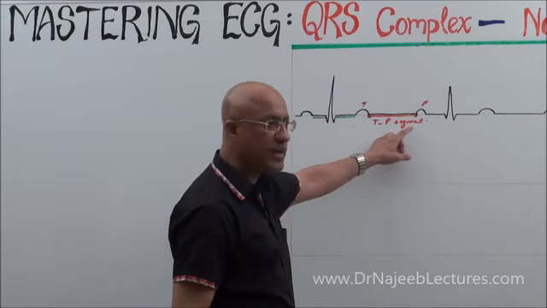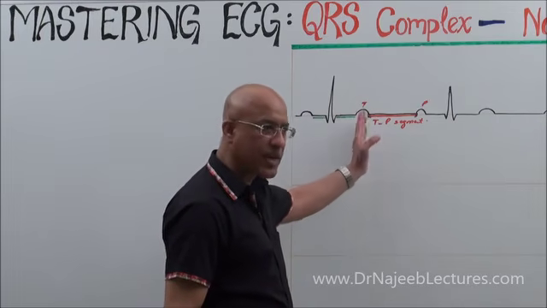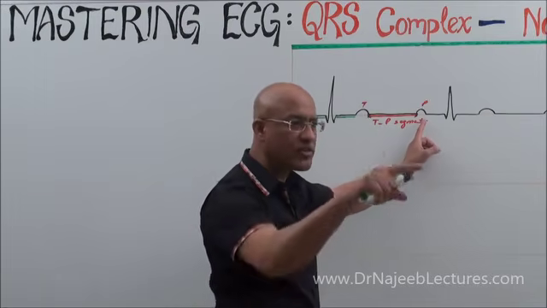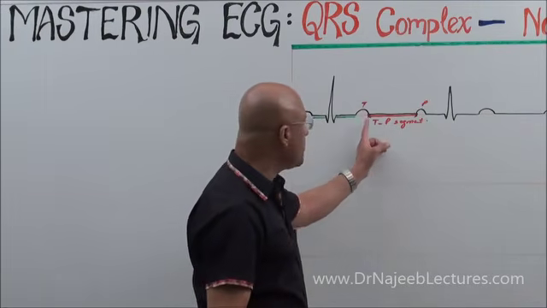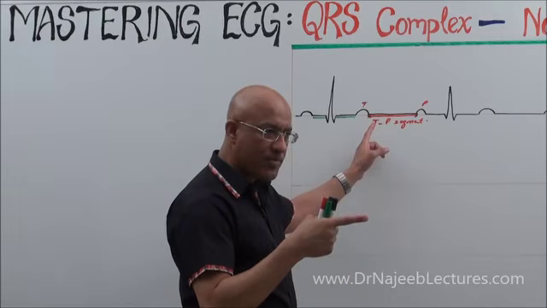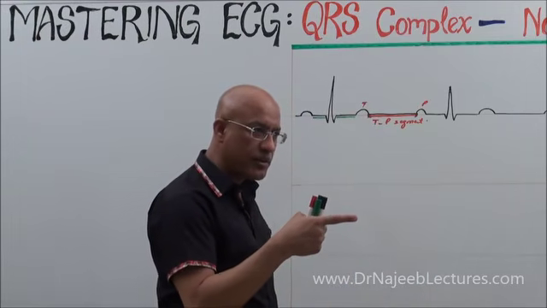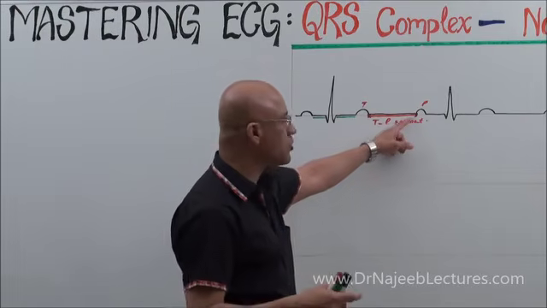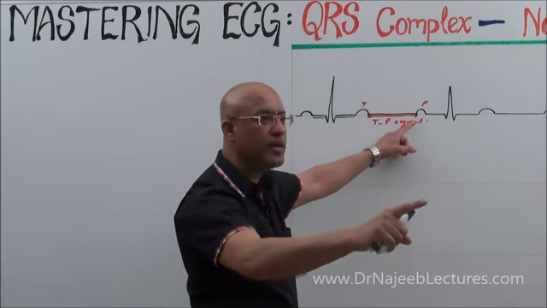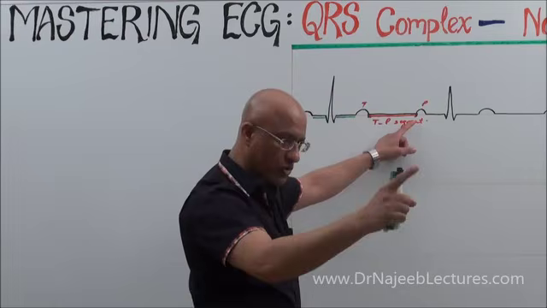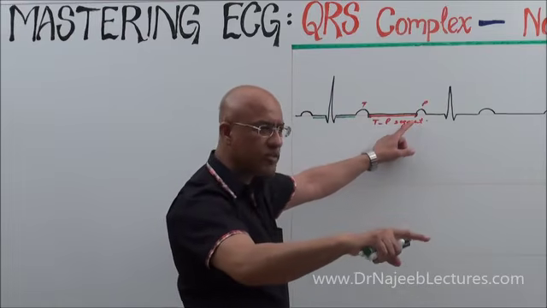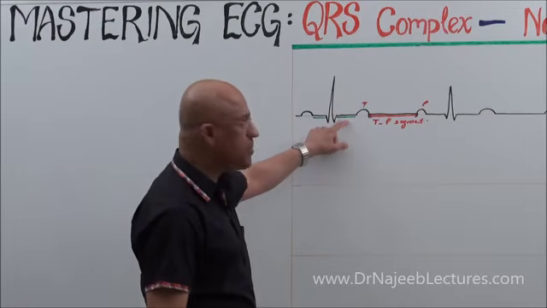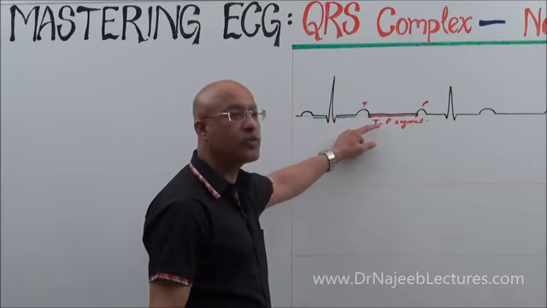So the TP segment is at the end of one cardiac cycle's electrical activity and before the electrical activity of the next cardiac cycle starts. In between them, when the pointer of the ECG recorder remains in a neutral position without any deflection, the line which is drawn is the isoelectric line or baseline of the ECG. Of course, in healthy subjects, the PR and ST segments remain at the same level as the isoelectric line.